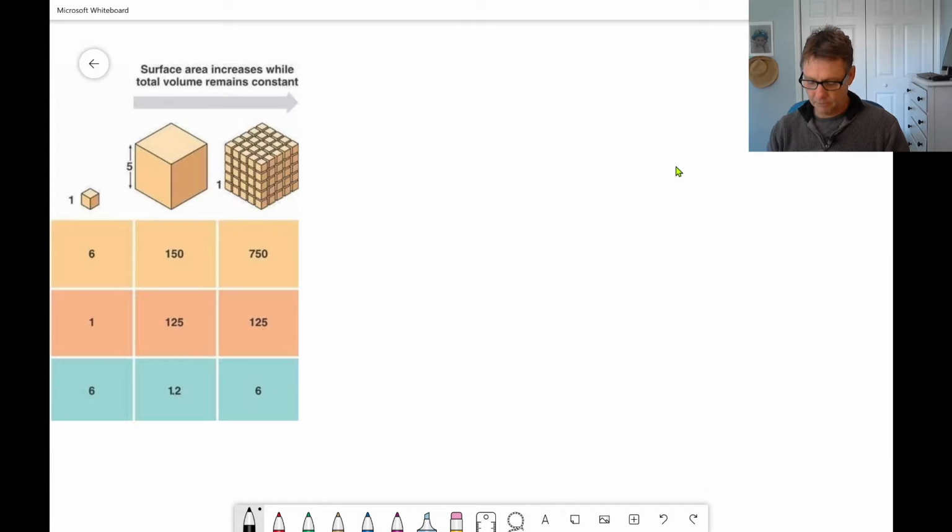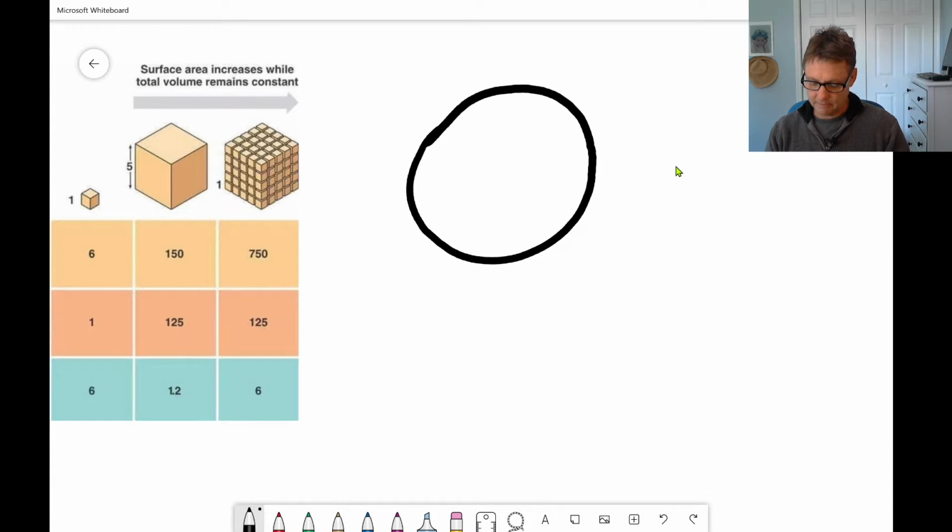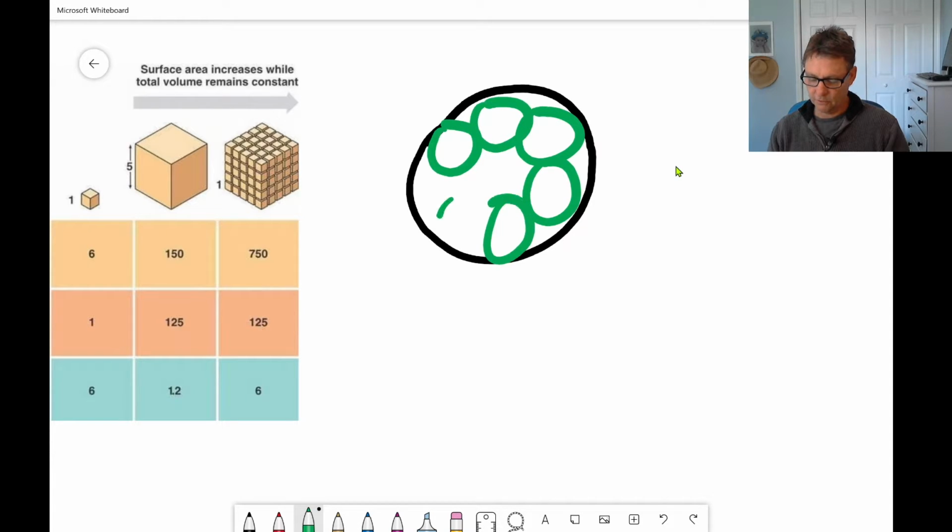So for example, if you had a cell like this, and then you had components inside of it, let's say it's a multicellular organism, all of the cells on the outside would be happy.